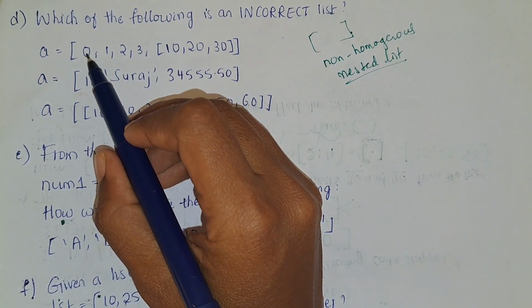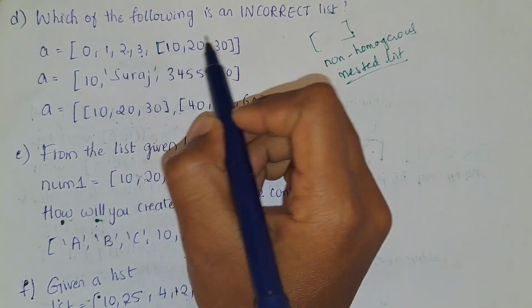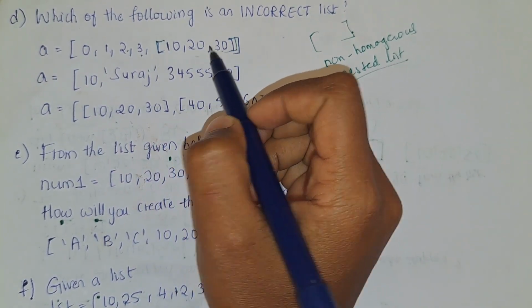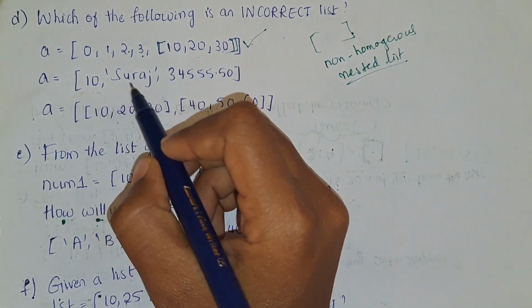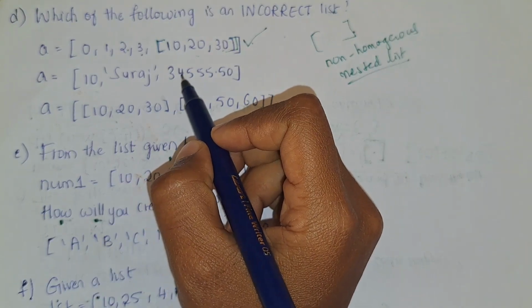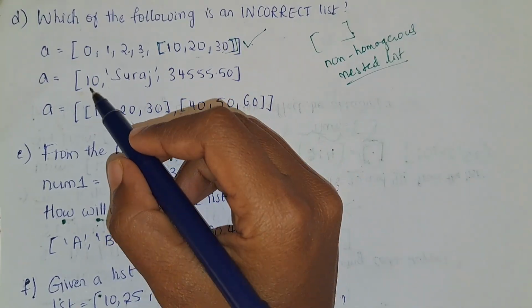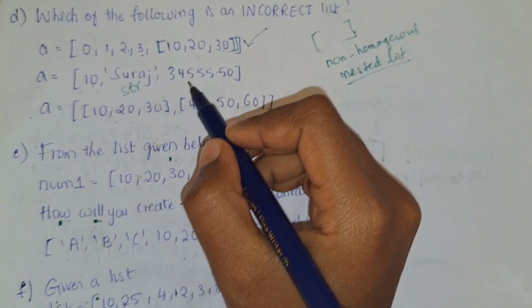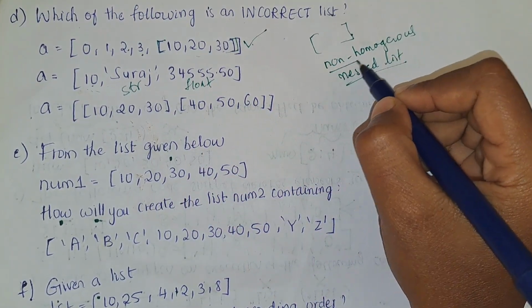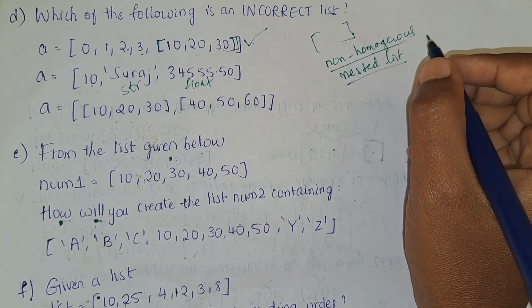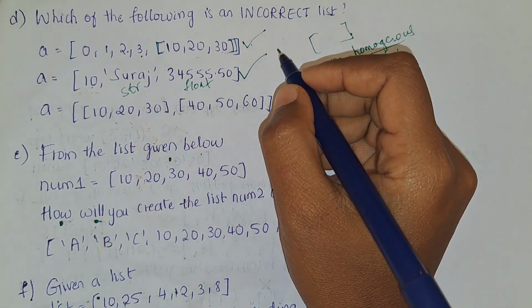If you observe the elements 0, 1, 2, 3 and you are storing a list as an element, yes, this is perfectly a correct way. Here also you have stored different data types: 10 is an integer, this is a string, this is a float. That's why we said that a list can store non-homogeneous data type items. So this is also a correct approach.